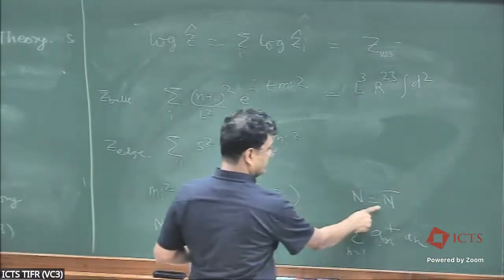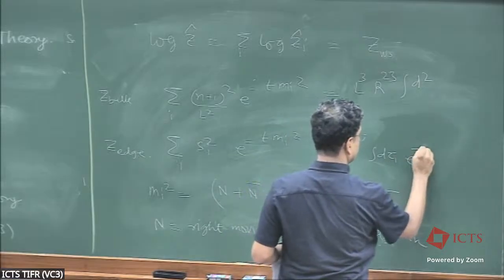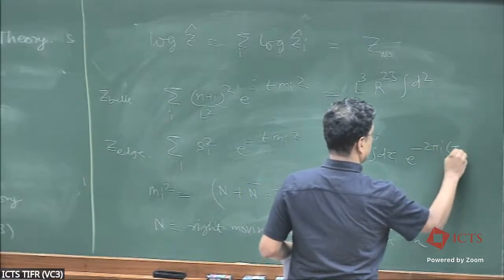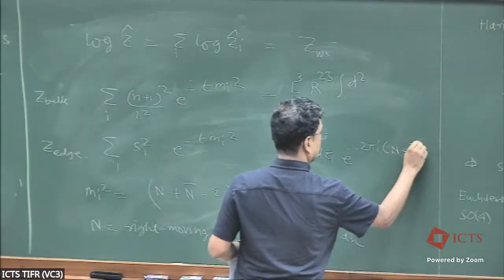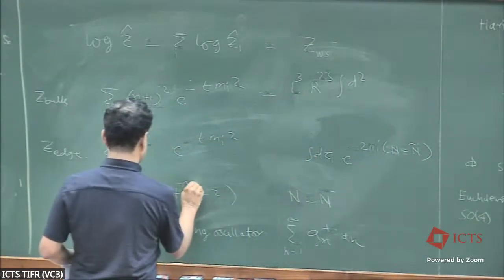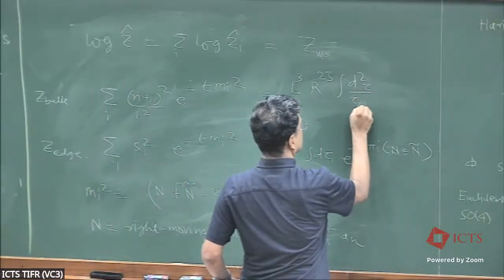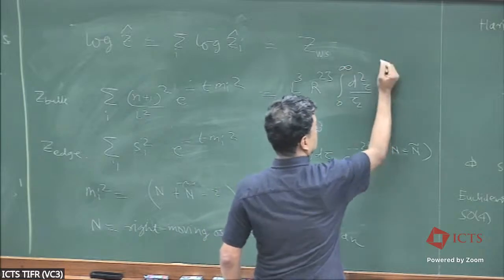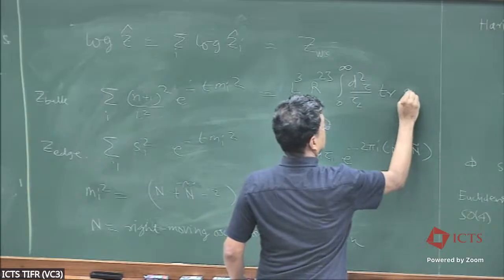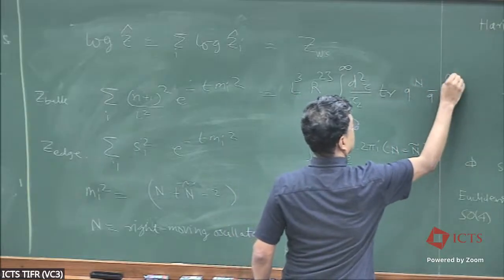You implement this constraint by introducing this additional Schwinger parameter, d tau 1, e to the minus 2 pi i tau 1 (n minus n tilde), let's say. And this basically starts to look like a worldsheet trace, a trace of q to the L naught, or q to the n, q bar to the n tilde, minus 1.